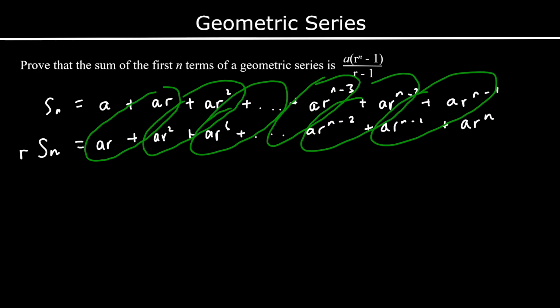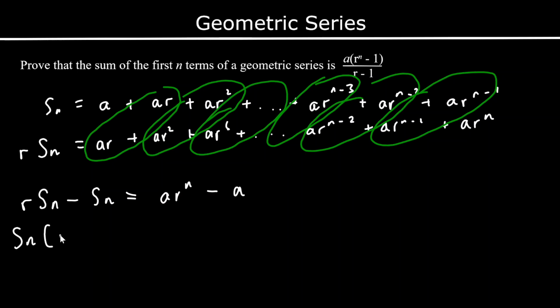So if we do the bottom one, take away the top one, we'll say r times Sn minus Sn. And then the only thing that will be left is ar to the power of n minus a. So all the other ones are going to cancel out, and we're just left with this part. Then we can factorize out Sn on the left, factorize out a on the right.